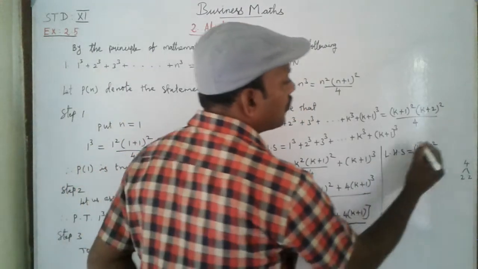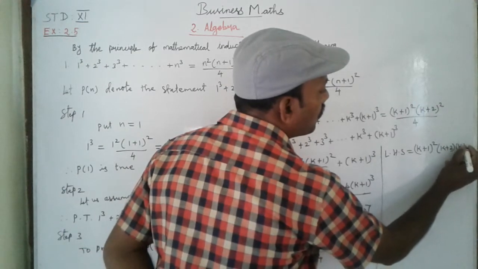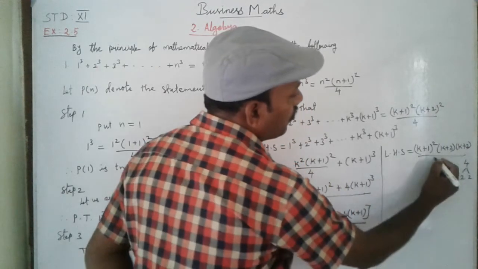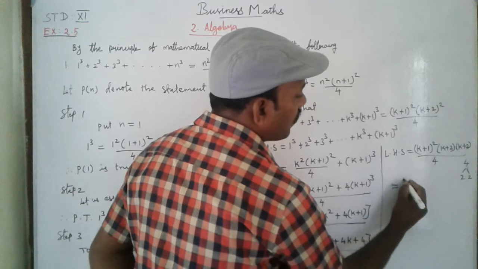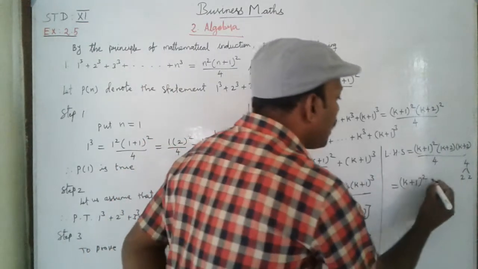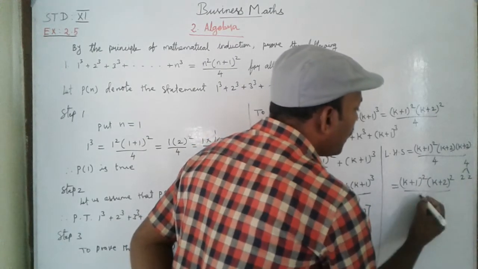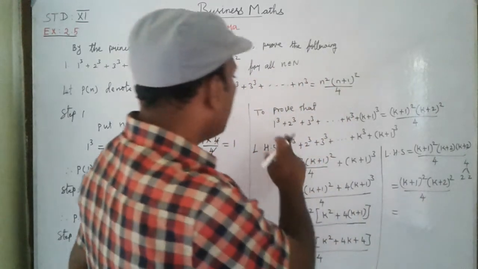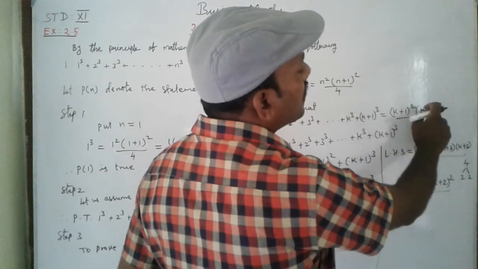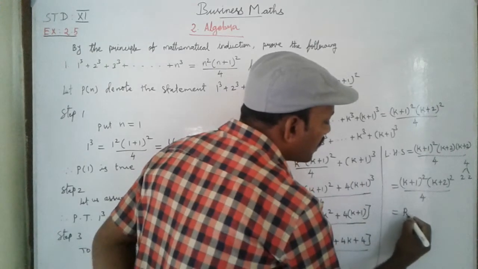So (k+2)(k+2) divided by 4 is equal to (k+1)². (k+2) into (k+2) is (k+2)² divided by 4. Compare this: the left-hand side we take, the result is the right-hand side, (k+1)² plus (k+2)² divided by 4. That is the RHS.